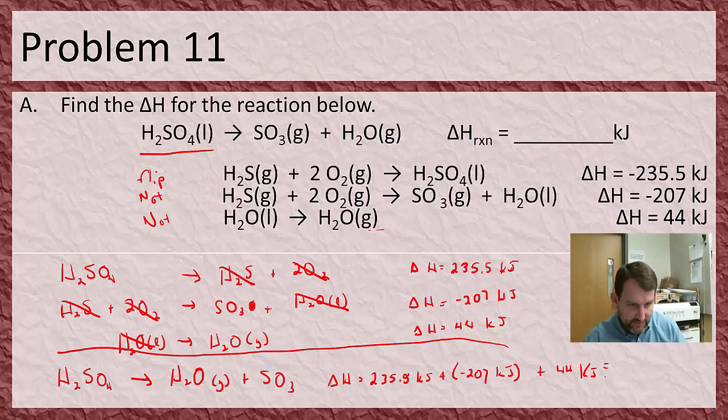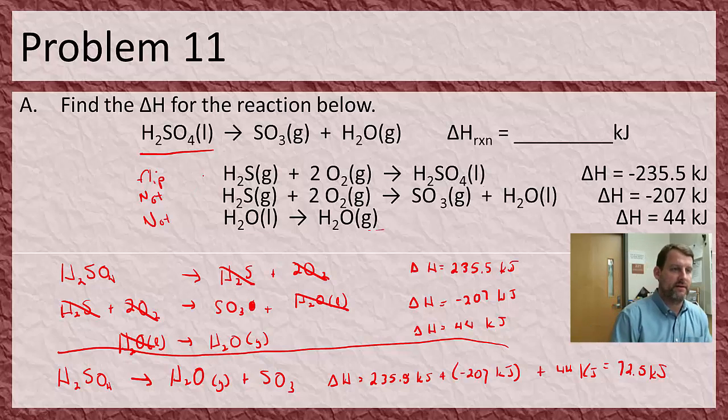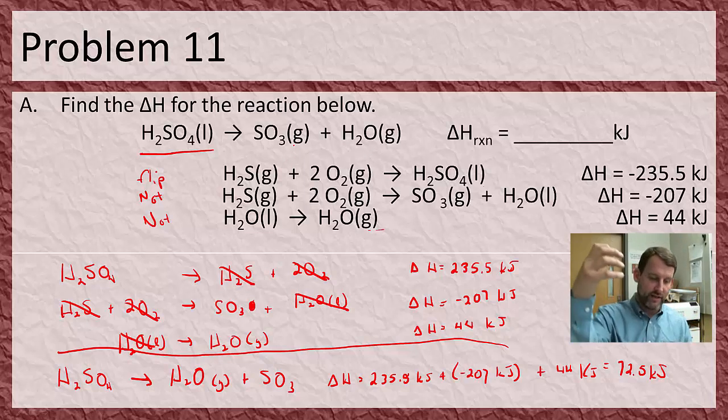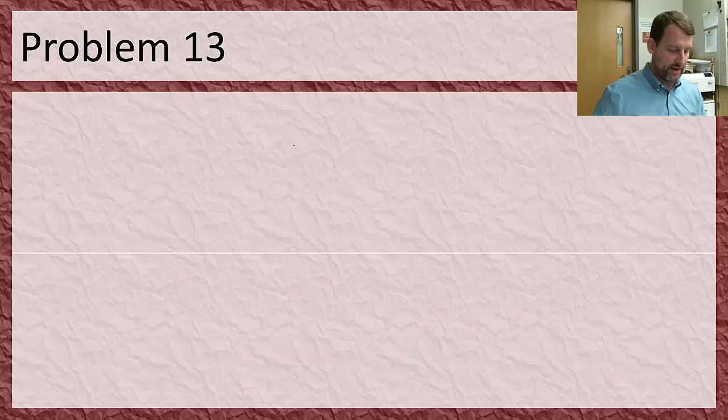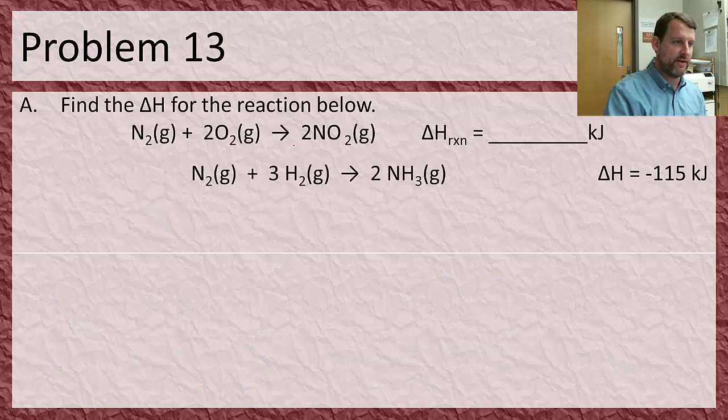That gives me 72.5 kilojoules. So again, this process is endothermic. As we pull and stretch those bonds farther apart, they convert that thermal energy into chemical potential energy. Awesome. Last problem we're doing together. Yay, the crowd said.